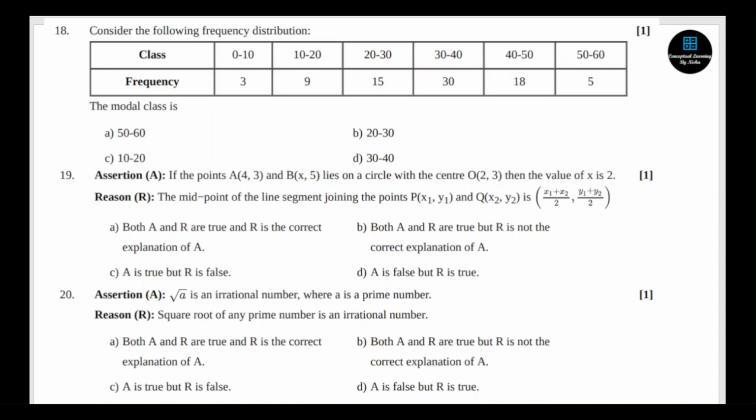So the frequency distribution is given and we have to write the modal class. The maximum frequency here is 30, so the modal class is 30 to 40. Easy? Alright. Now the points A and B are given. They lie on the circle with the center. Find the value of x. Then the value of x is 2. Okay.